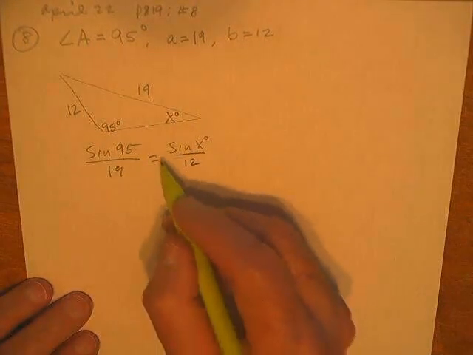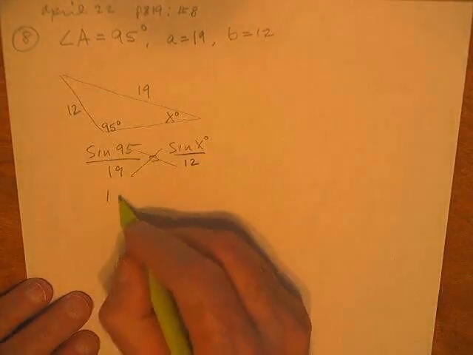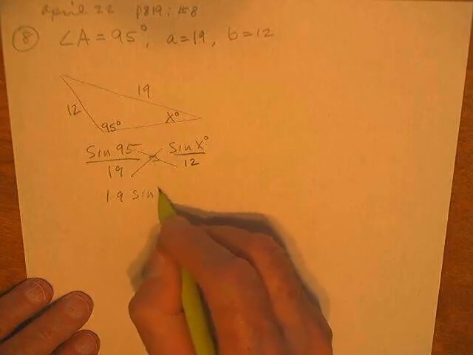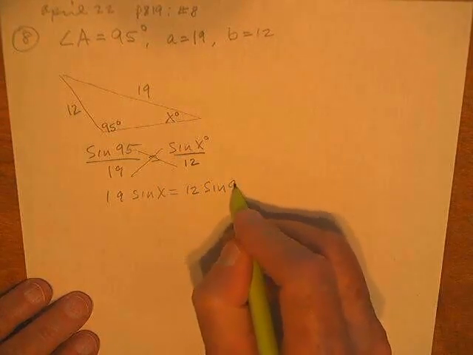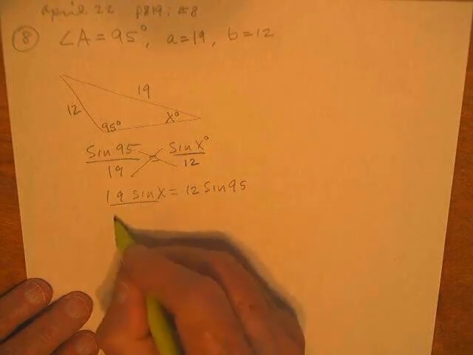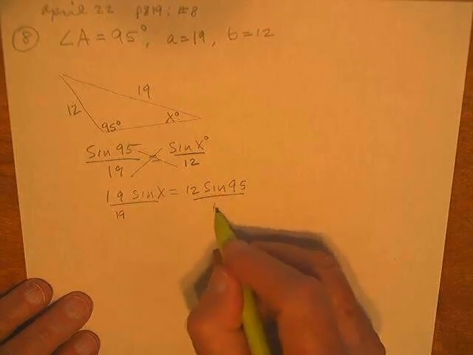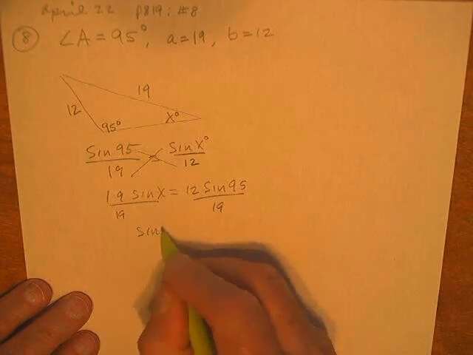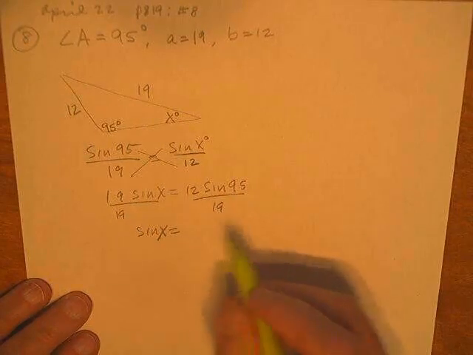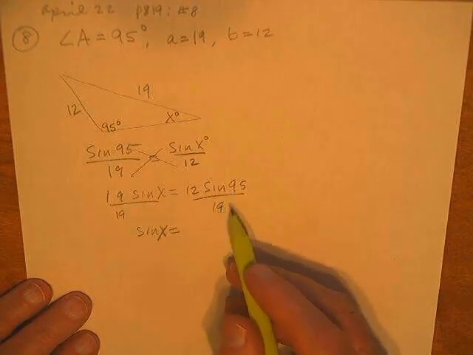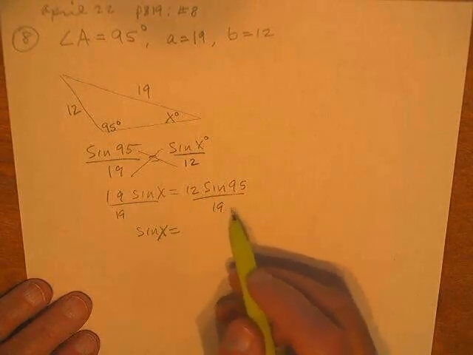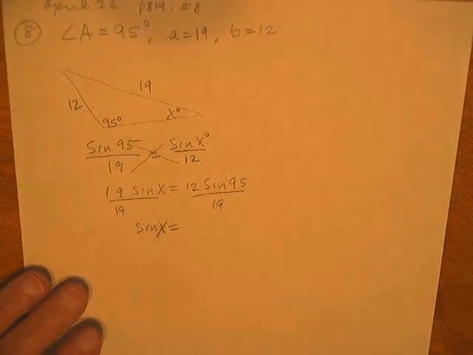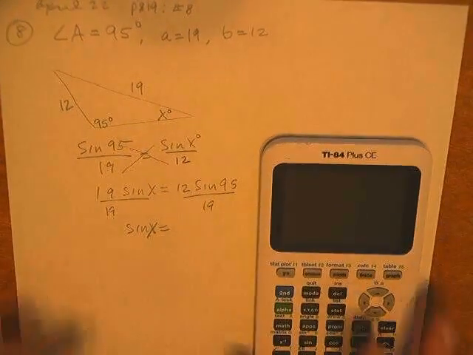Okay, so let's see. Let's cross multiply: 19 sine of x equals 12 sine of 95, divide by 19. And this is bound to be some kind of decimal right there. Okay, so let's see what it is.